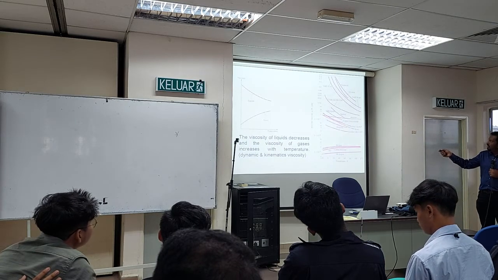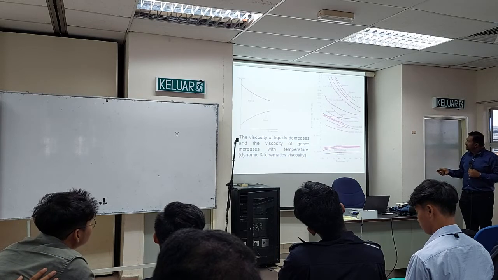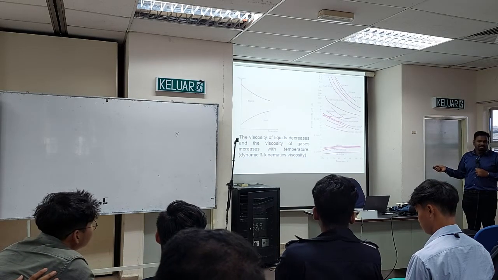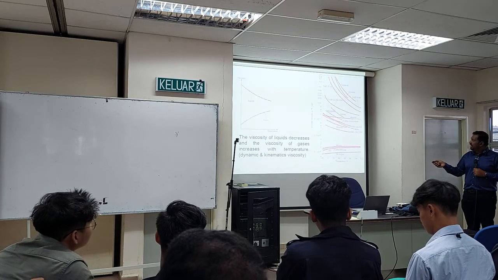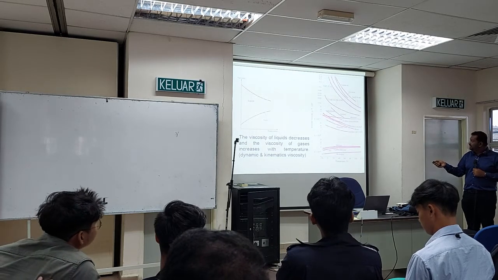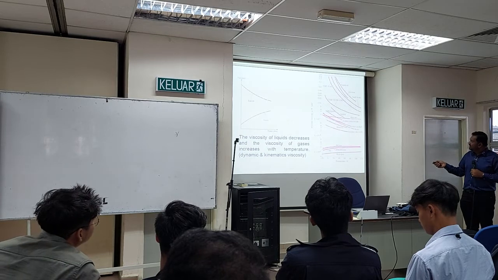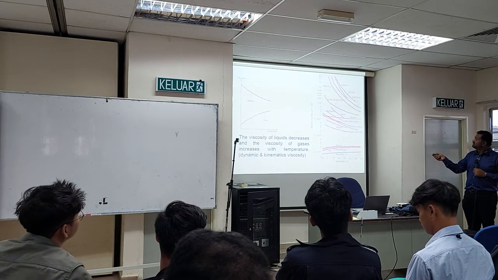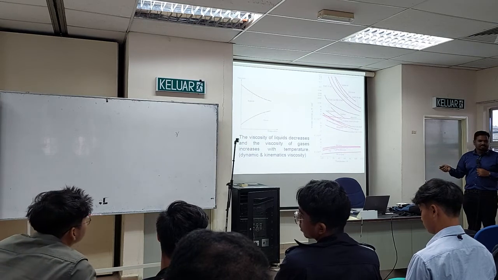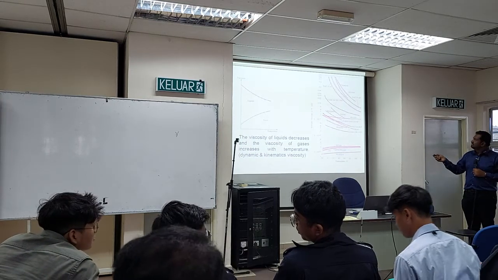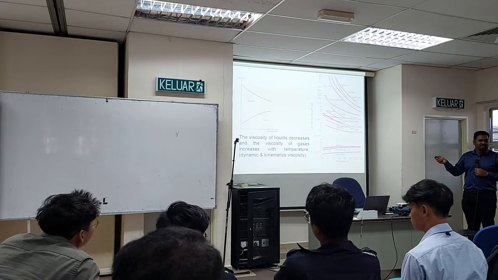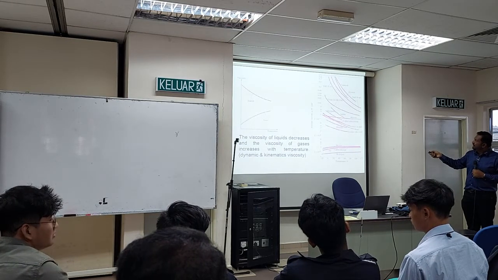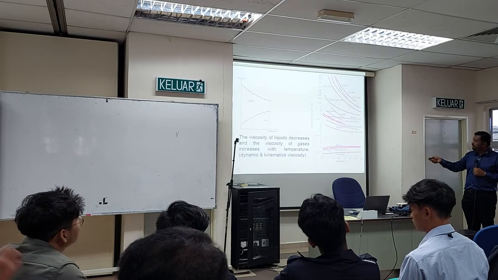So castor oil, tengok yang ni adalah gasoline, minyak petrol, kerosene, minyak kapal terbang, okay, mercury, benzene, crude oil, minyak mentah, okay, castor oil yang digunakan untuk rambut tu, okay, glycerin, yang ni semua adalah liquid.